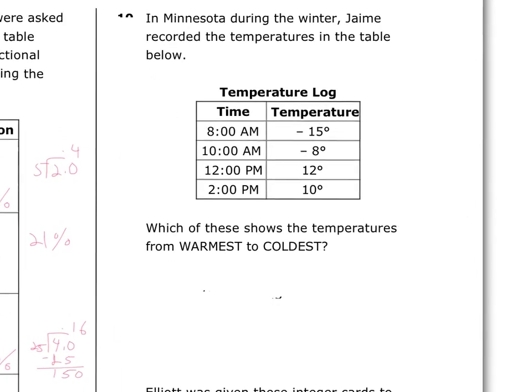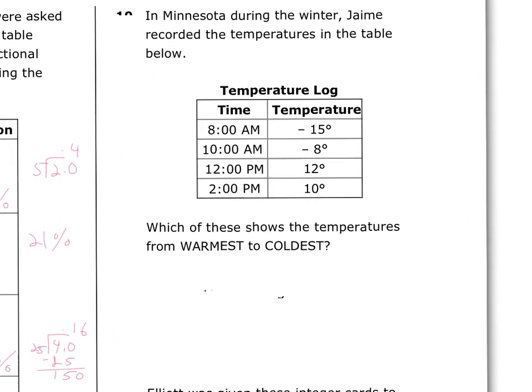Next 2 should be gimme problems. Minnesota during the winter. Jamie recorded the temperatures in the table below. Which of these show the temperatures from warmest to coldest? Which one of these is the warmest? Positive 12. Negative 15 is very, very cold. What's the next warmest? 10.